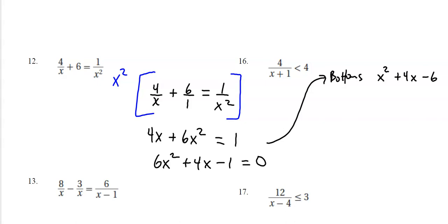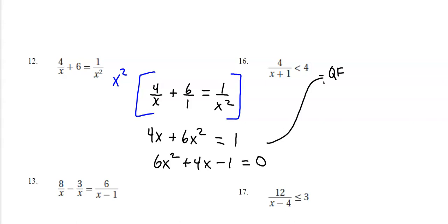Can I do two numbers times together to make 6 that add to 4? 3 and 2 won't do it. 5 and 1, positive 5. So it looks like x plus 5 and x minus, no, that 5 and 1 won't make 6. What am I talking about? So I only have 6 and 1 and 2 and 3. So it looks like I'm screwed on bottoms up. We're going to have to use the quadratic formula.